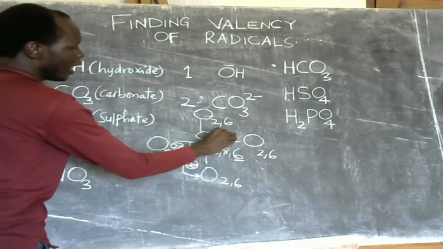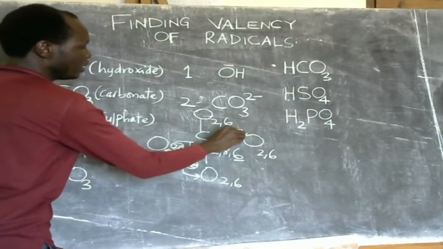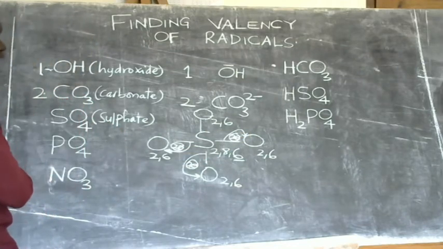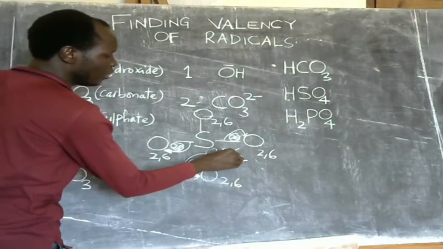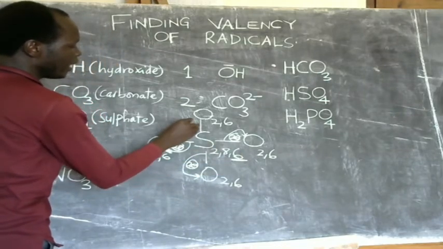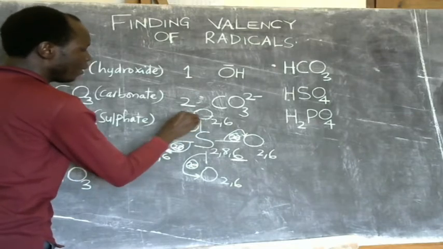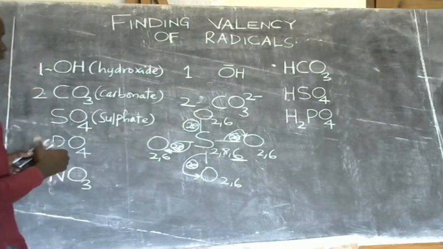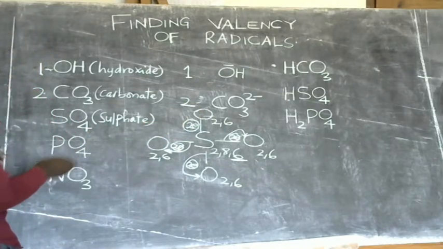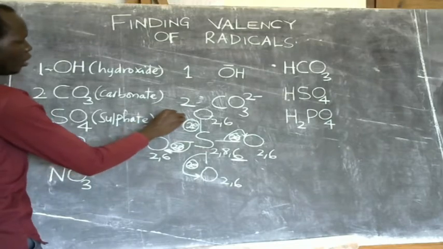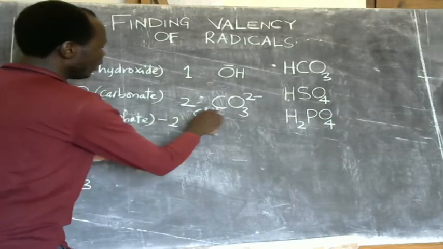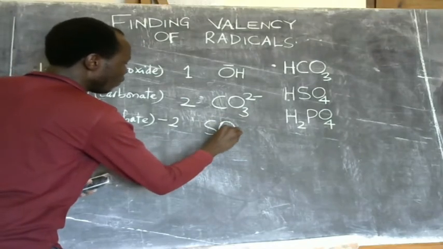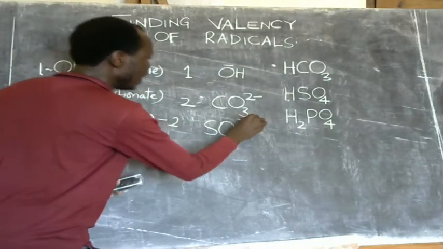Another 2 goes there, which is now making 2 plus 2 plus 2, a total of 6 electrons, which are fully used from sulfur. Then there is the 2 which is needed here, but this 2 is not there. So the 2 which is needed here is the one that makes the valency of sulfate to be 2, giving it a formula of SO4 2 minus.